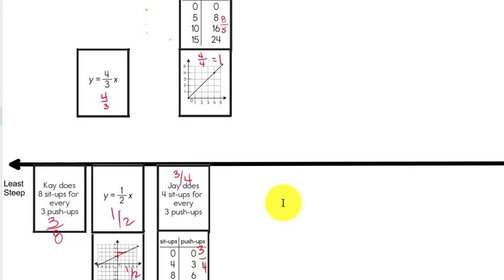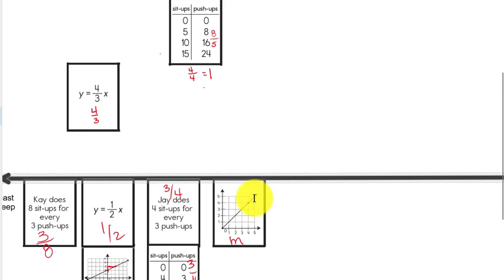So then what would go next? Would it be 4/3, 8/5, or 1? Okay, if you'll notice, this is more than 1, this is more than 1. So 1 is the one that needs to come next. Rate of change. And it began as 4/4 and simplified to 1.